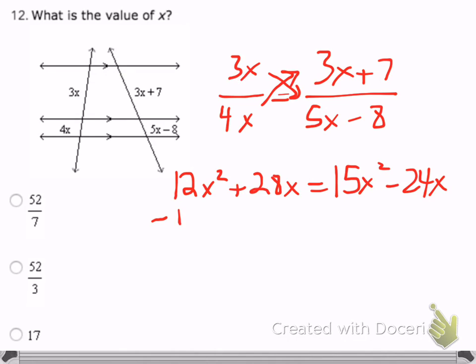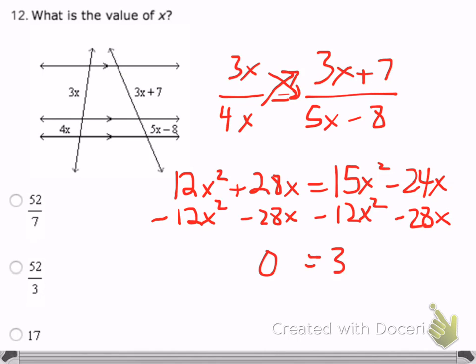So if we subtract 12x squared from both sides and subtract 28x from both sides of this equation, we end up with 0 equals 3x squared minus 52x. And then solve this equation by factoring, because it can factor.